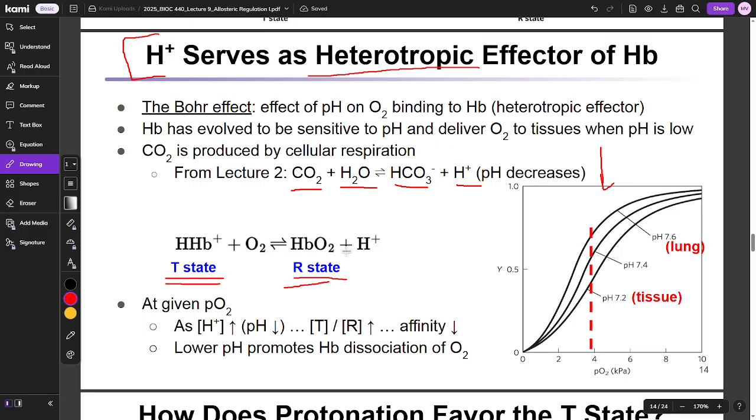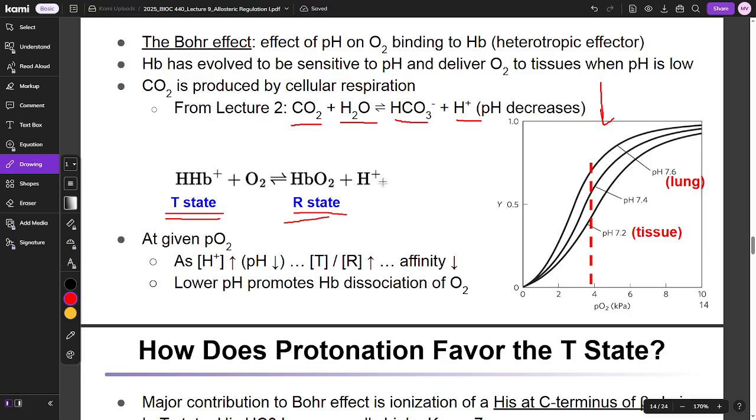And the idea here is that when H plus binds, we actually promote the T state. So here we're in the R state, but adding H plus actually decreases the affinity of hemoglobin for O2, because now we have something else that can bind to hemoglobin.